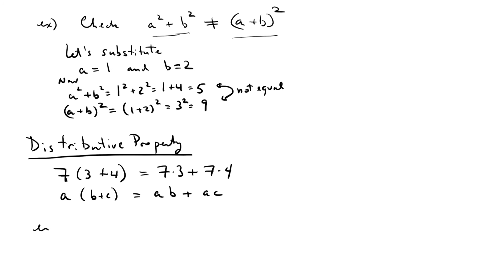So maybe I'll show you another example. If I have minus 4 times 2x minus 7, okay. Well, what is that? Here it's easier to understand the distributive property if I have a plus sign inside the bracket. So the 2x minus 7 is the same thing as 2x plus minus 7.